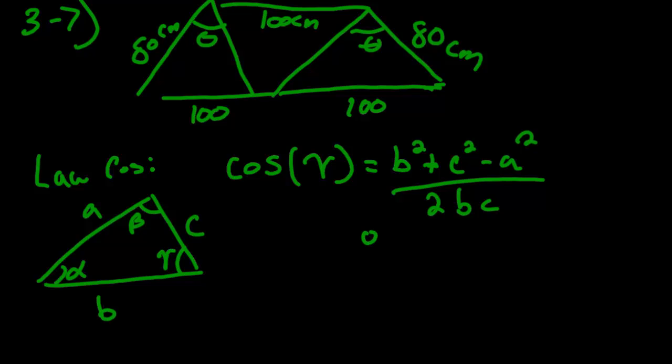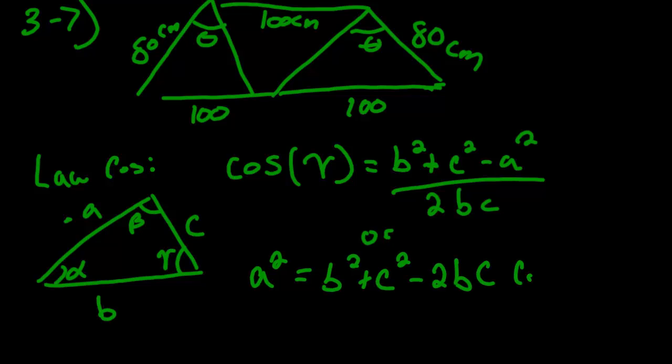Or we can rewrite this as A squared, which is this side right here, equal to B squared plus C squared minus 2BC cosine of gamma, which is essentially the same thing, just rearranging it.